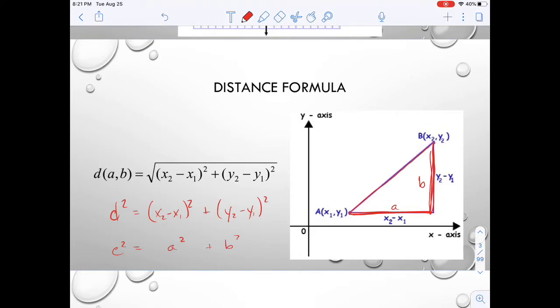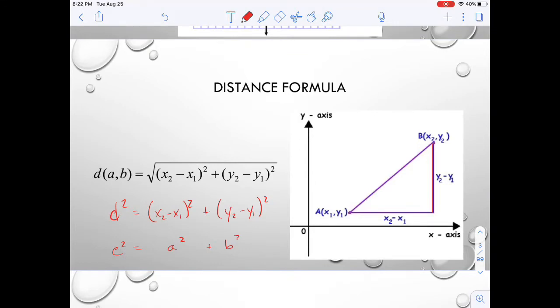And that hypotenuse is simply the distance between my 2 points. So if you ever can't remember the distance formula, just remember that it's really nothing more than the Pythagorean theorem applied to the horizontal and vertical differences of points.